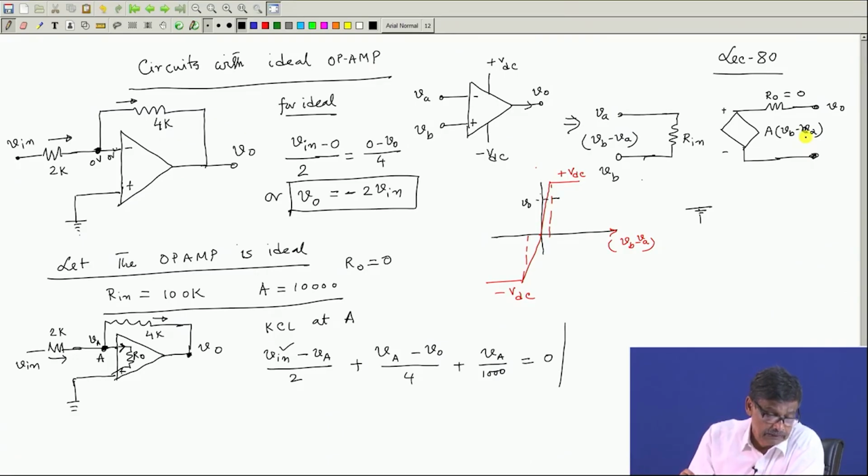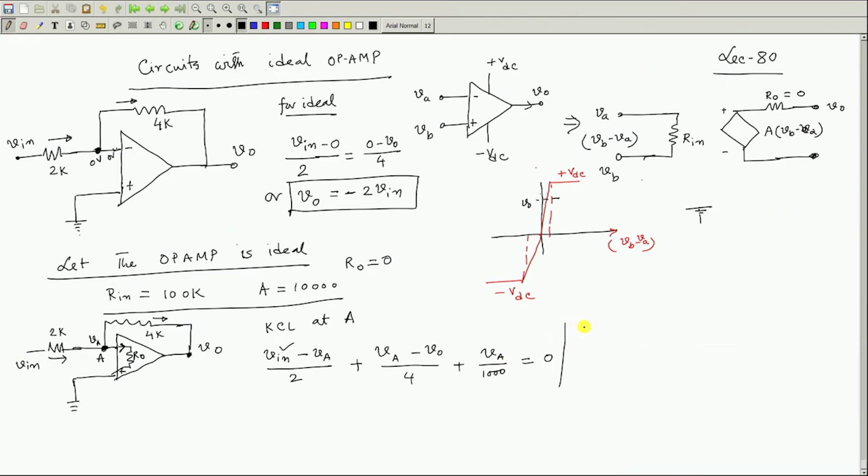So, the second equation will be: V output is equal to A times VA minus 0. So, VA minus 0. This is the other relationship.